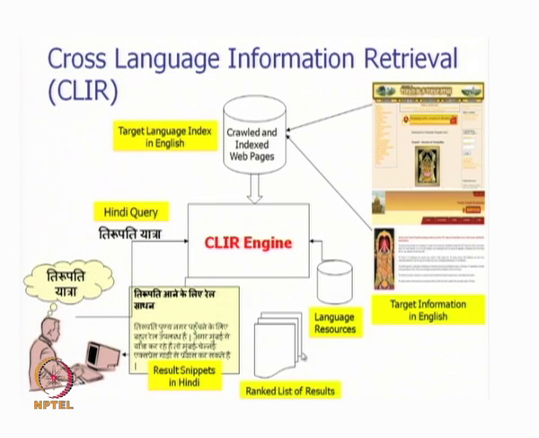Therefore, these have to be shown in Hindi, because Hindi was the language of the query. Not the whole document needs to be translated, but only the important part of the document, which is an indication of what it contains with respect to the query, and that is translated and then shown to the user. So, this is the process: query processing, crawled web pages referral, fetching of documents, and output shown to the user.